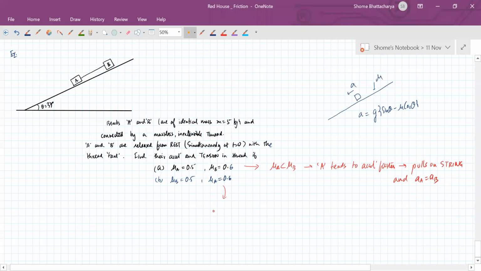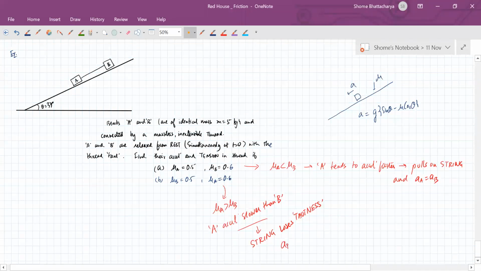But in the second case, mu A is greater than mu B. So that means A accelerates slower than B. So basically, the string loses its tautness. It just becomes loose.